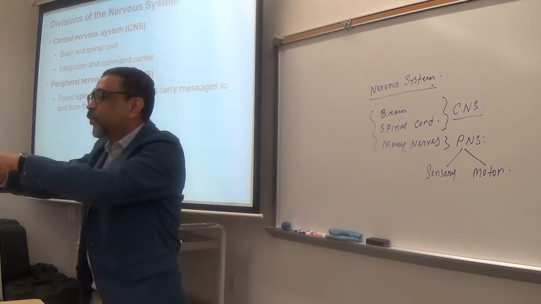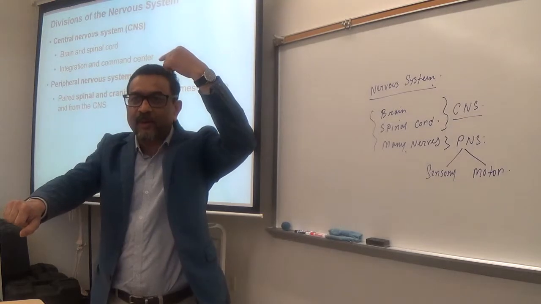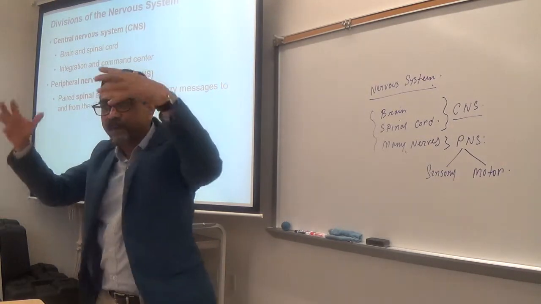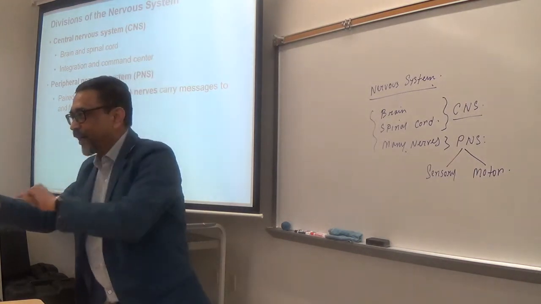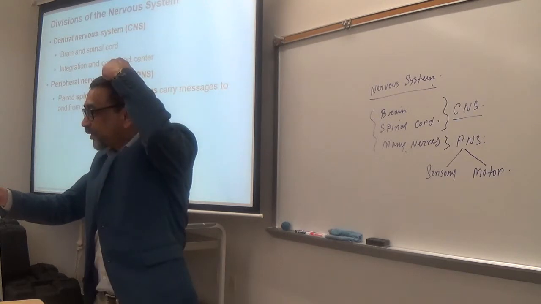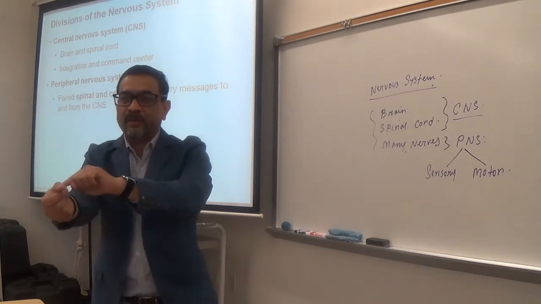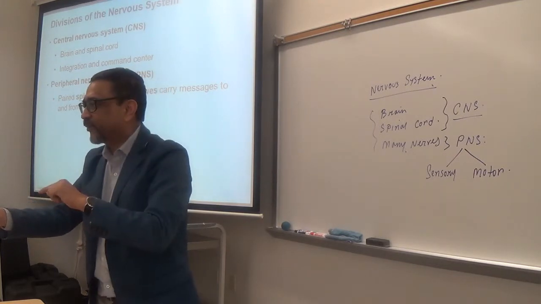So those nerves that carry the signal towards the brain are what? Sensory. Is it clear? And then your brain interprets that signal, right? Sensory input, and sends a motor command. So those nerves take the signal from the brain to the effector organ that will perform the action, right? That is what? Motor. Make sense?